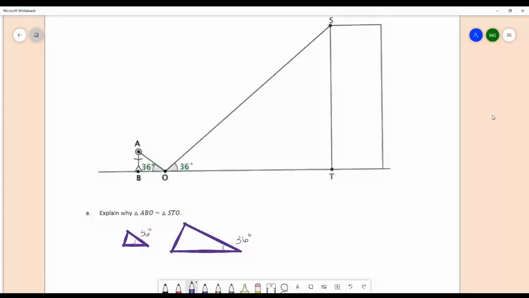And I also know that the distance he was standing away from the mirror was 7.2 feet. So I can put a 7.2 here. And his eyes down to the ground was 5.3 feet. So I can put that over here.